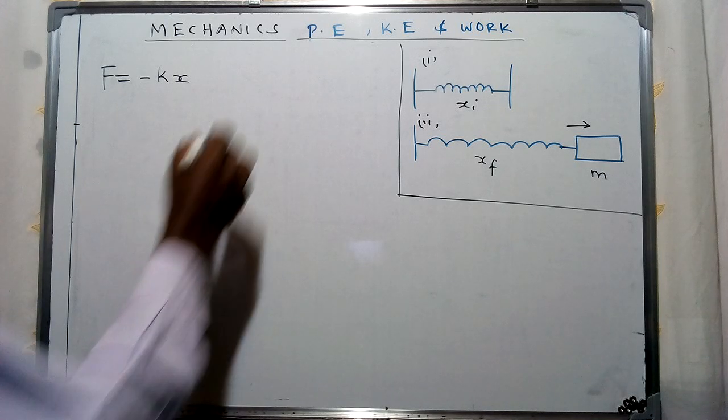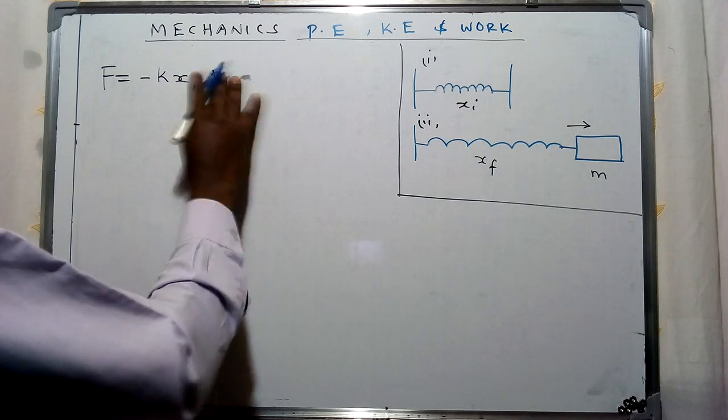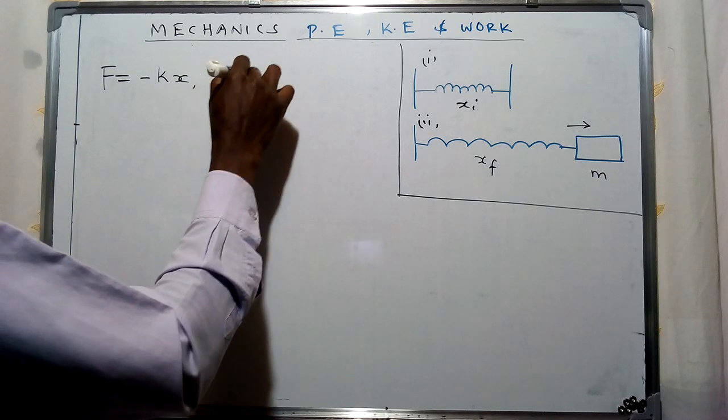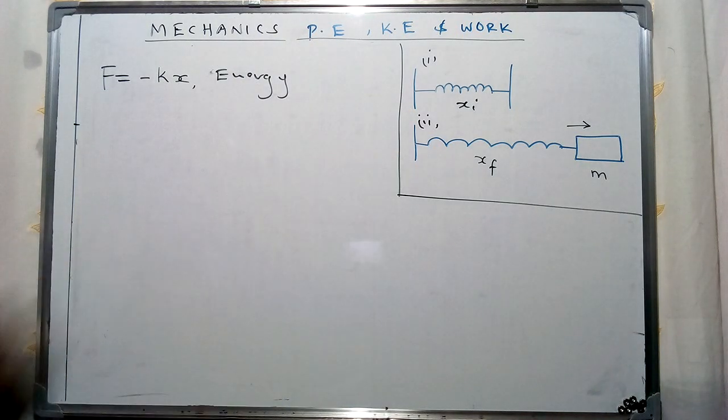And we can define the energy stored in this specific spring in the form of an equation set, which is going to help us in this evaluation, showing the work or the energy involved.